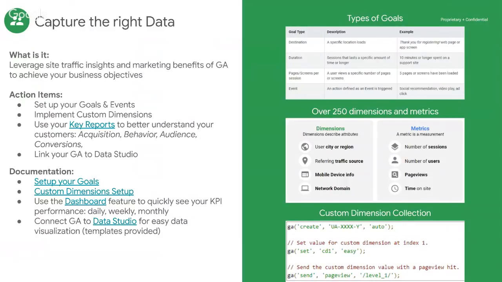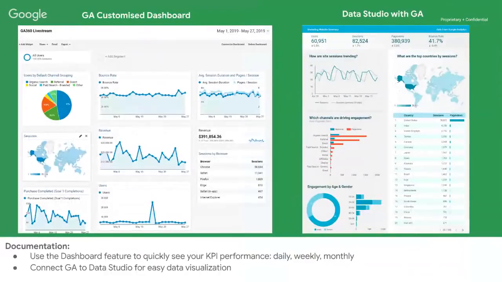Now that you're comfortable with your reports and you have the right goals set up, the right custom dimensions and metrics in place, and you're familiar with acquisition and behavior on site of all your users, there's a way where you can create some reports and dashboards directly in the UI on the left, as you can see here, where I created just for this live stream today an ad hoc report on GA with some important reports that are just one click.